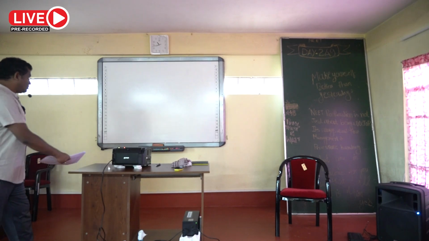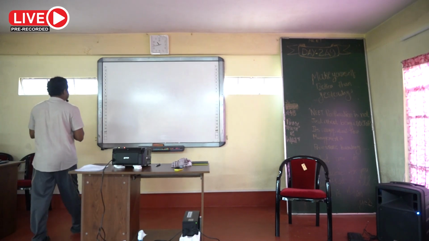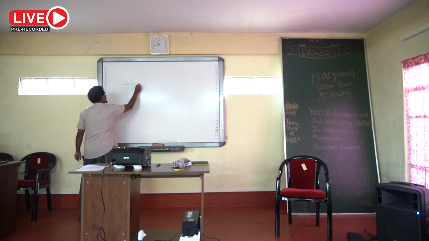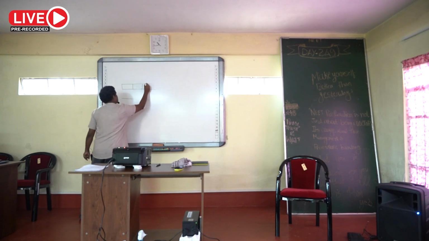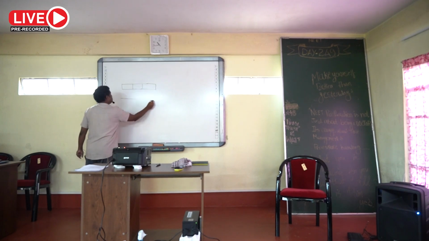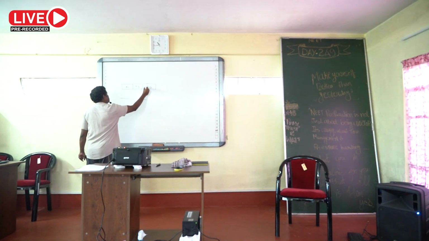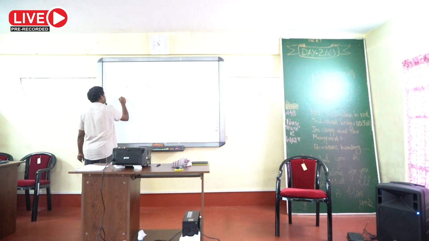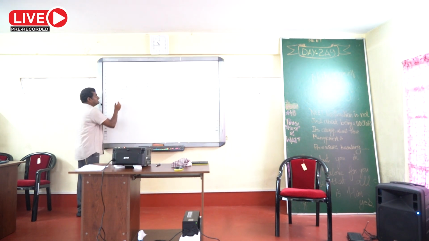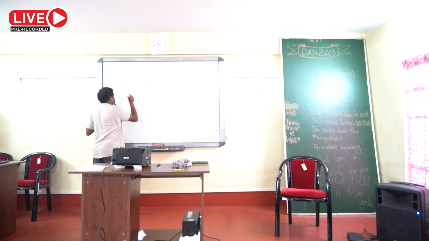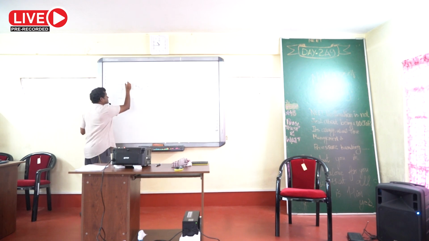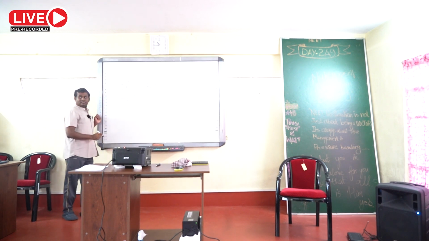Okay. So when this one is given, this one is another, suppose K1, K2, K3 and this one is K. So these are the plates. Suppose these are positive plates, these are negative plates.